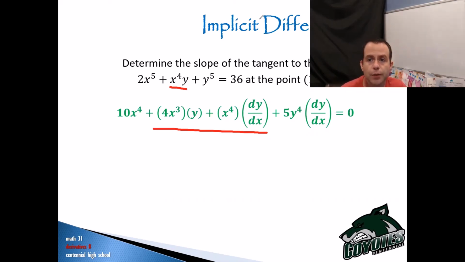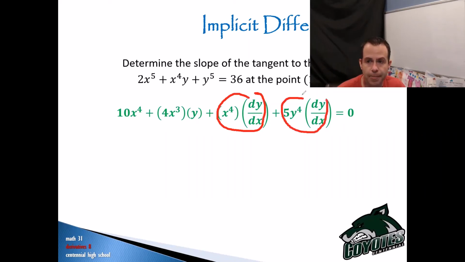Now I need to start cleaning this up. Again, I have 2 terms that involve the derivative of y. I need to bring them on one side of the equal sign so I can factor it out. So everything that doesn't involve the derivative of y, I want to get rid of, so I'm going to bring those over to this side.